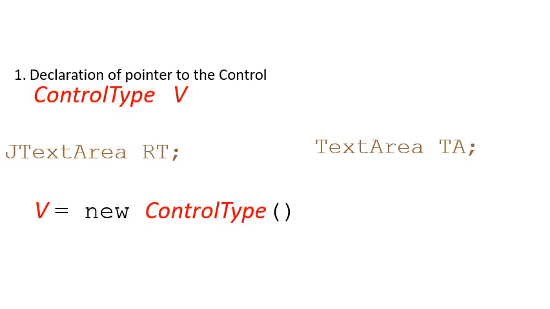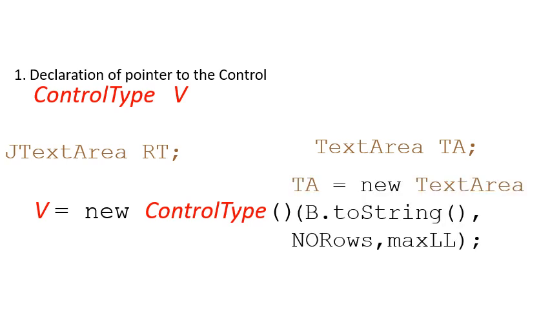We then have to actually allocate one. And we're going to see that there are some interesting arguments to the constructor in this case. This is a slightly simpler one to understand. It takes the actual text, and we'll learn how we create that in a little bit. And we also specify the number of rows and columns.